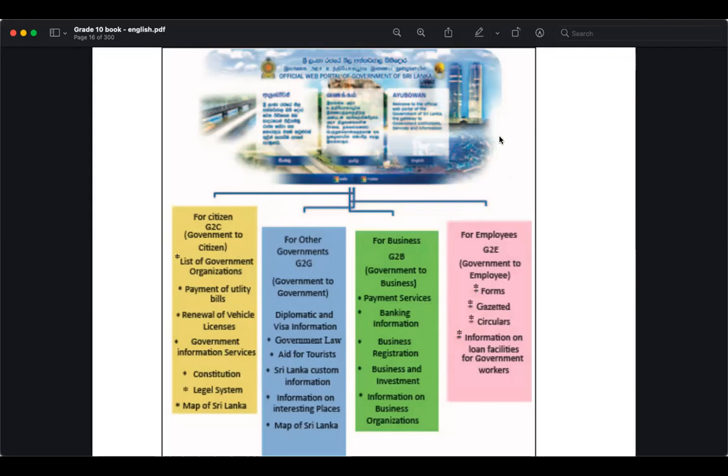Then government to government: governmental agreements, maybe sharing map information, geo information, certain bonds, treasury bonds, maybe government discussions, meetings, these things. Customer to customer: there are plenty, ikman.lk, selling online, buying online, Facebook Marketplace, all.